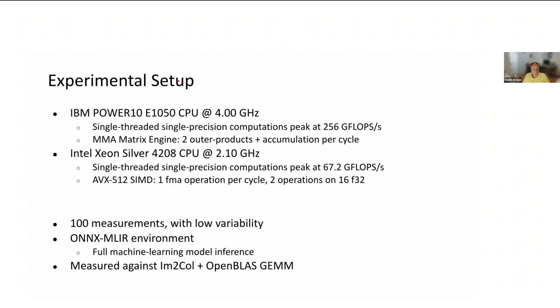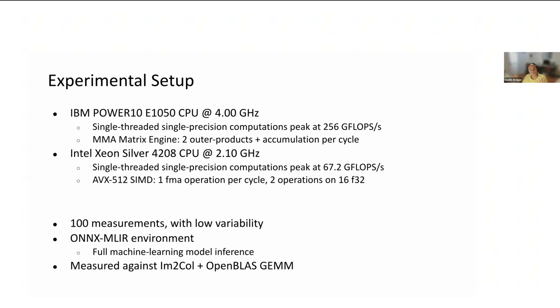All right, so let's go to the experimental setup. We ran this on the IBM POWER10 E1050 CPU at 4 gigahertz. We were very lucky because in the middle of this project, we got the IBM POWER10 release, a real machine to work on.